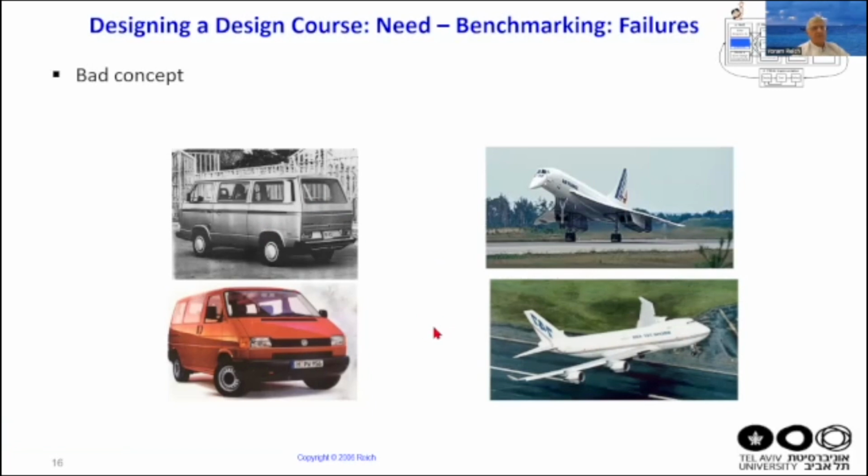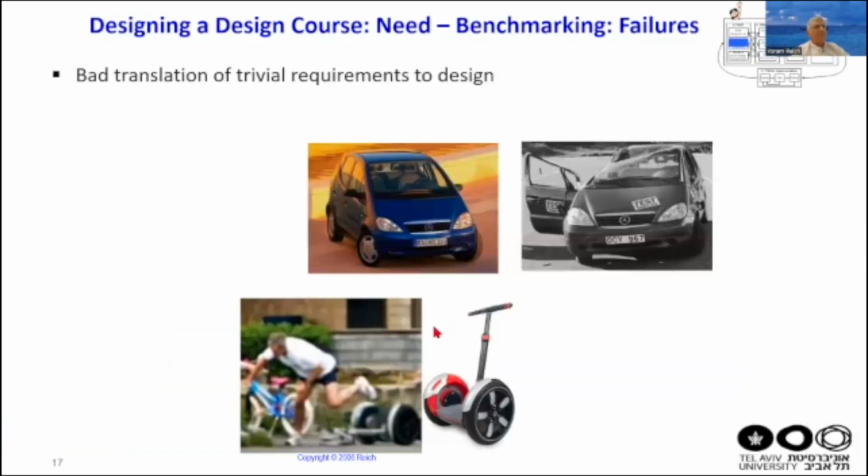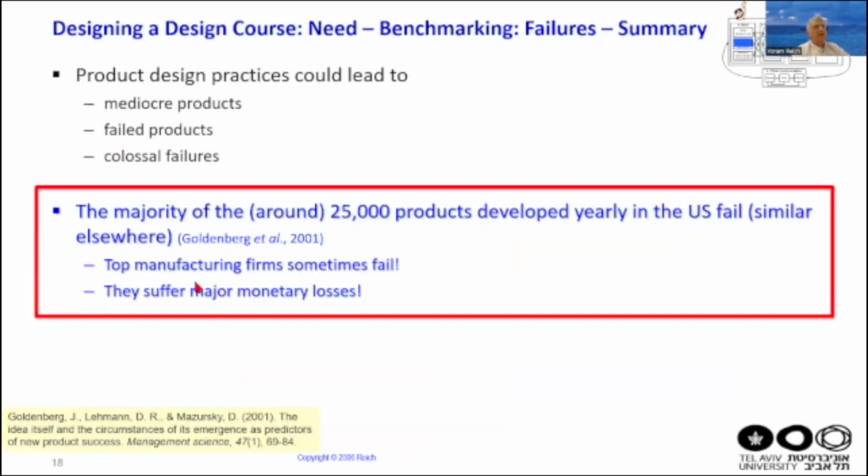So engineers create many times bad concepts. They have a tough time to translate trivial requirements to designs, and they fail. And really, the majority of products developed yearly in the US and elsewhere fail. And this is because they don't properly practice design processes. So it was clear to us that we need to teach proper design processes, which were not taught in the class before.